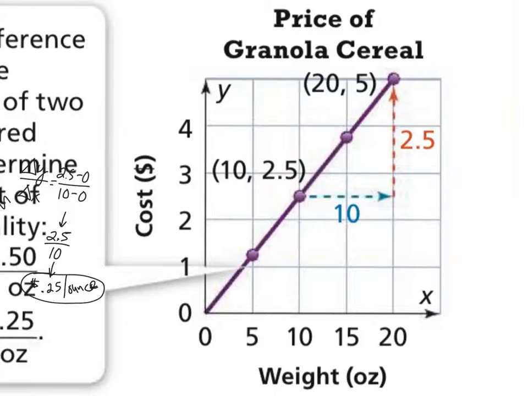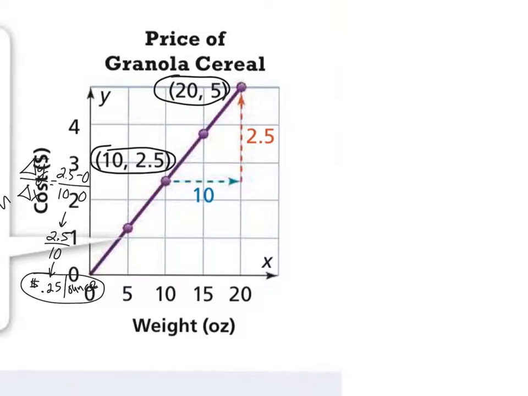So let's say instead of 0, 0 and 10, 2.5, I'm going to use 10, 2.5, and 20, 5. So it's the same thing, we could say what's our change in y, what's our change in x. So change in y, we're going up from 2.5 to 5.